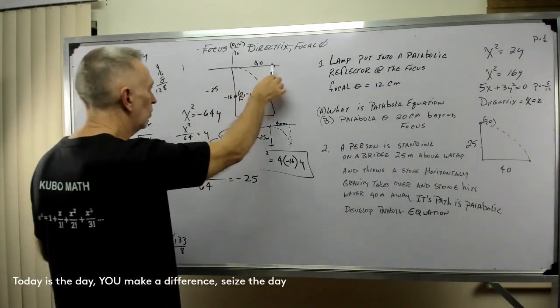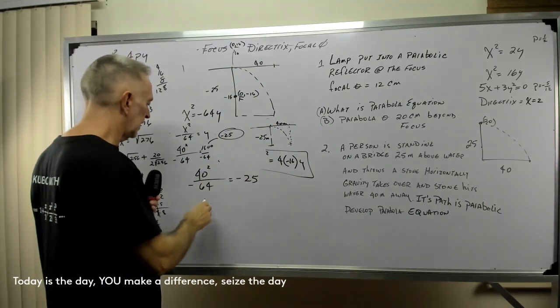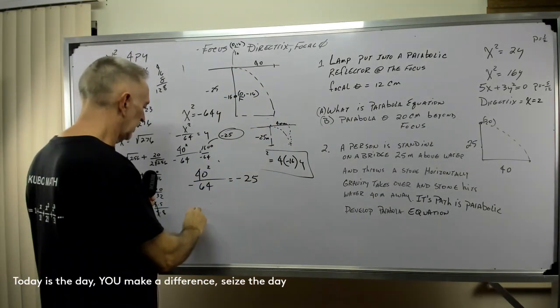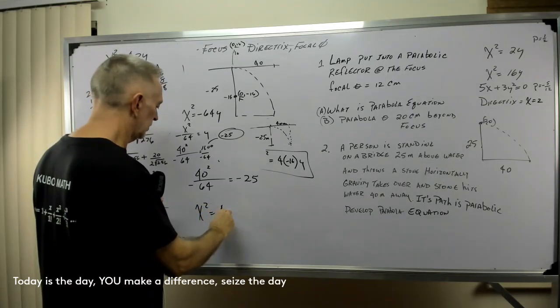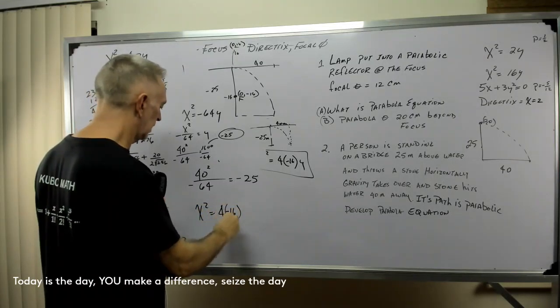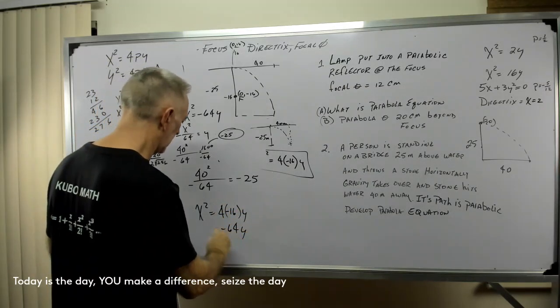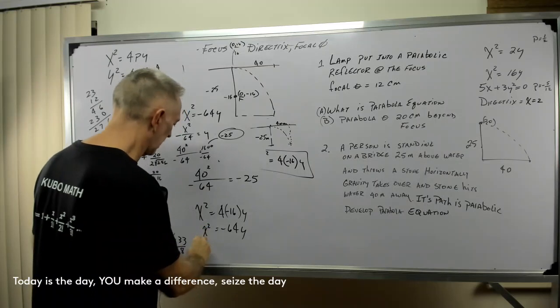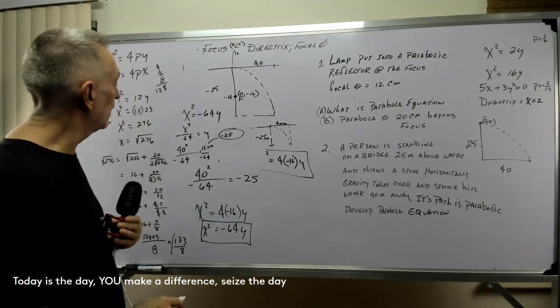So if I went all the way out here to 40, what was my distance down? That was negative 25. So x squared equals 4 times negative 16y, which is negative 64y. That's the equation of that parabola.